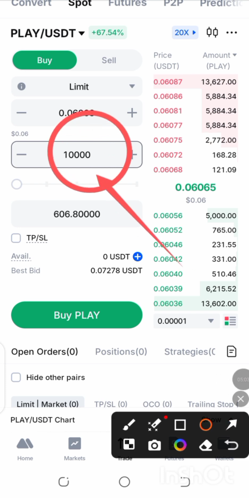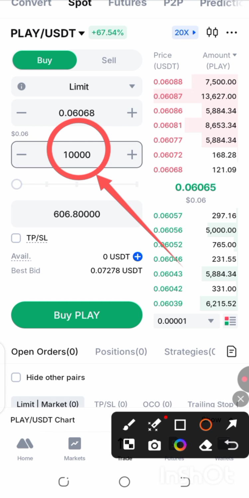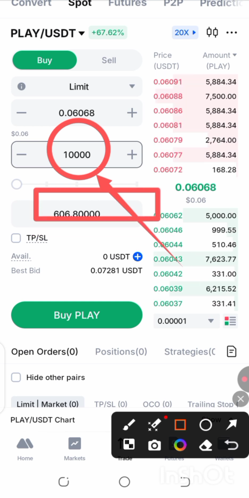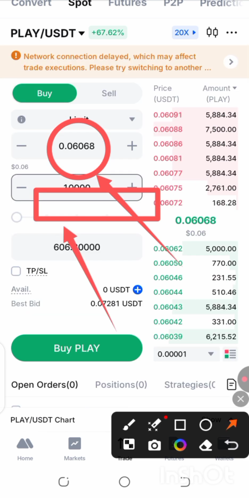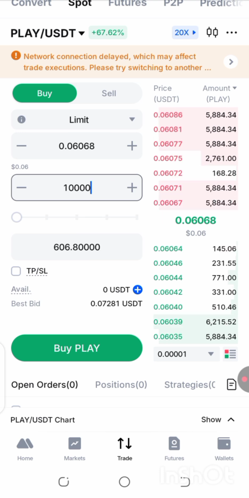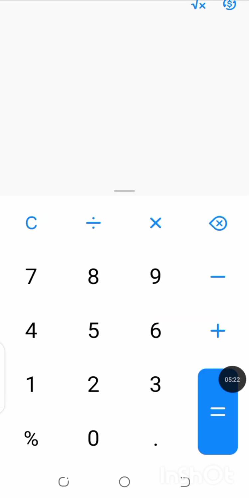This is the quantity which we copied from DexScreener, and this is what we actually get. Since we started with 579.40, we subtract it from what we get at last.